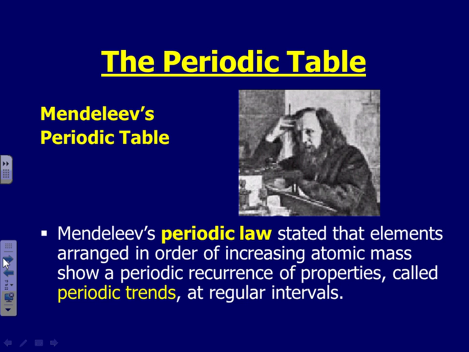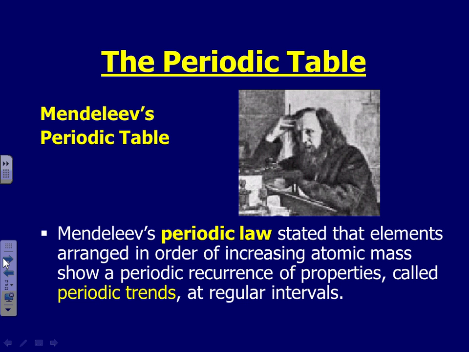So he started to lay the cards down, and he found that as he got so far down the list, he would see a card where the properties of that element were very similar to the card at the beginning of the row. Now, not including hydrogen, so let's not worry about that because it's a special case. So he would start with lithium, and he would lay the cards down in order of their mass.